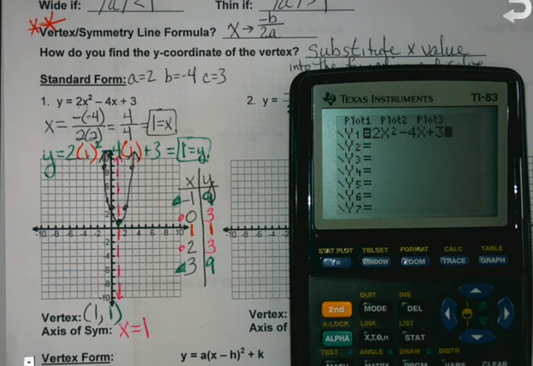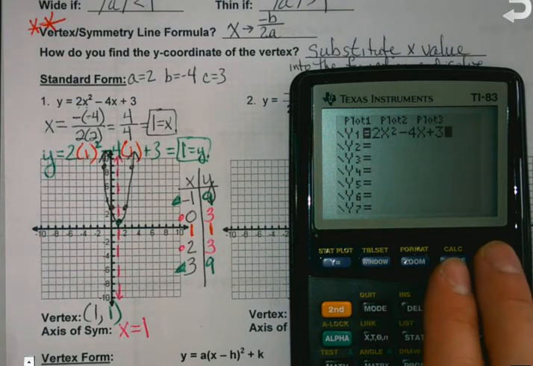It should. You might be off slightly on one of your points if that happens. I'm going to go back and check it one more time. Yep, those are my x values. And then my y values are 9, 3, 1, 3, 9. Oh, all right. Uh-oh.